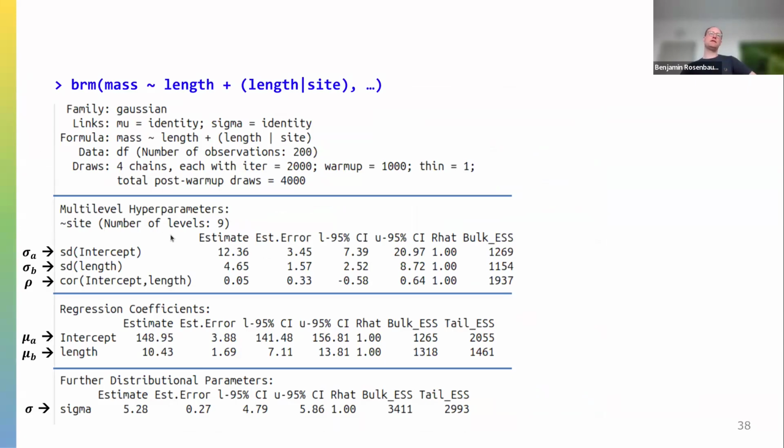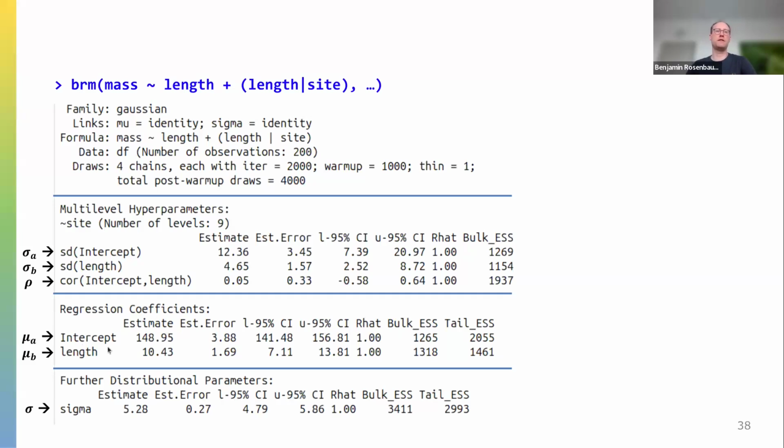Yeah, the output here again is similar. So here we have also this predictor length. Again, the first block here are the multi-level parameters. Here we just get the standard deviation for the intercept, the slope, and also the correlations. Here the correlation is very low. But what we're usually interested in is this overall effect of length right here.